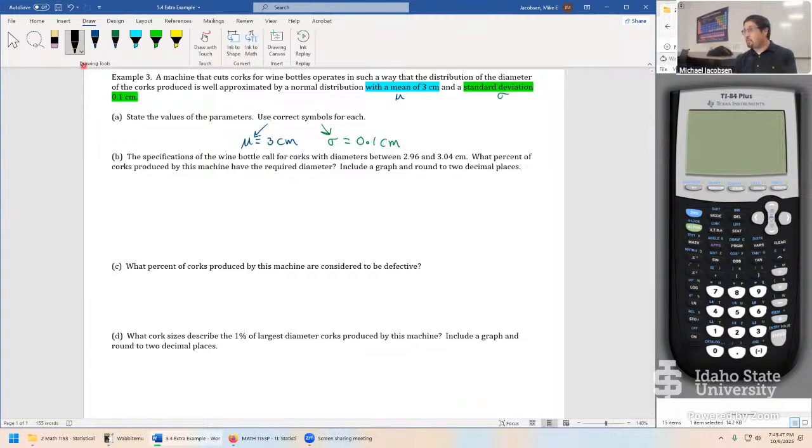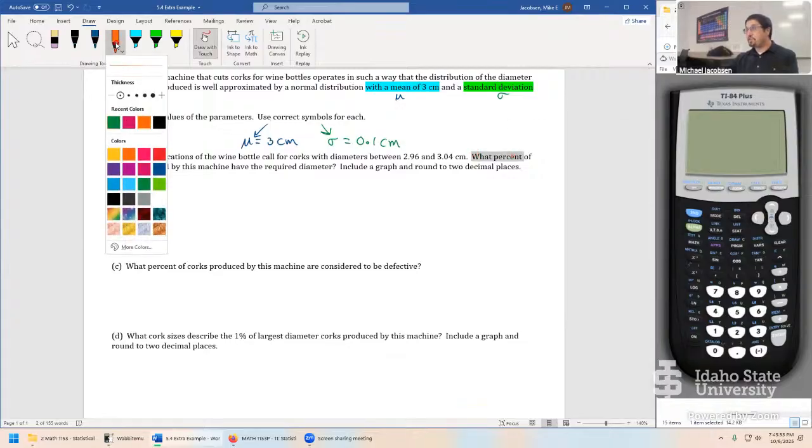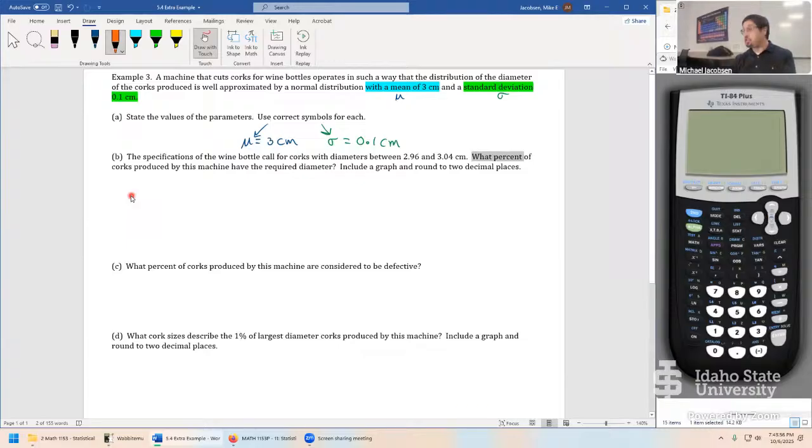Well, to get started, here's what we would do first. It asks for what percent right here. So the first thing we want to organize in our mind is what calculator function we're going to use. This alone tells us normal CDF is being used. So the percent, or area you could consider it as, under the curve is given by this function.